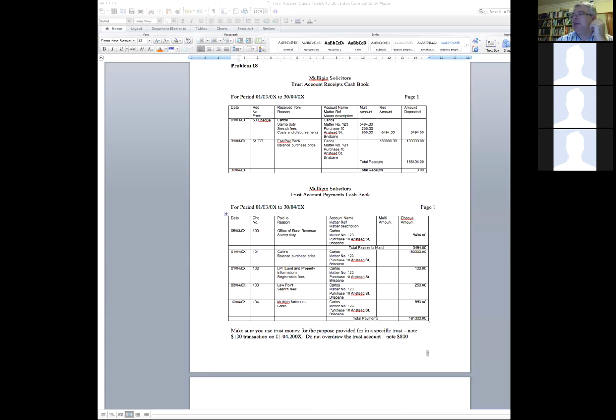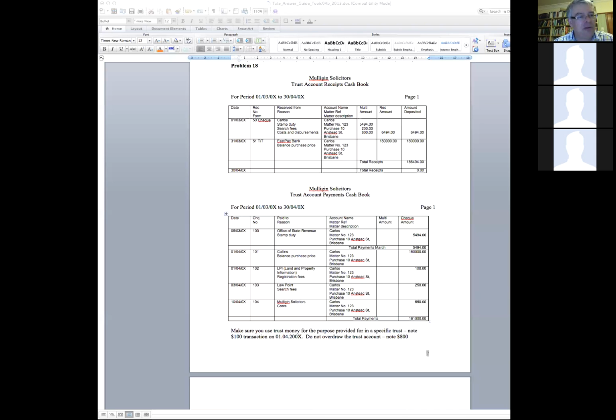Okay, now I'm not going to go through all of them. I just wanted to point out one that's got a trick in it, and that is the last transaction. This is the one dated the 10th of the 4th. And this is one that stumped a lot of people when they were trying to answer this question. And it really comes down to that question.